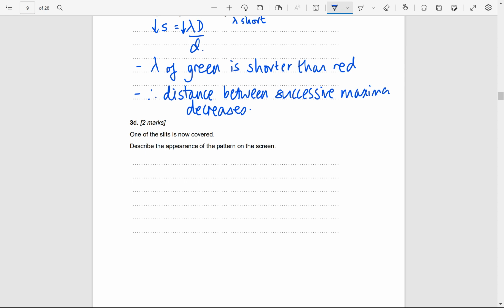3D, one of the slits is now covered. So we're going from a double slit to a single slit pattern. And you need to know the difference between them. So this is that. The central maximum will be brighter.